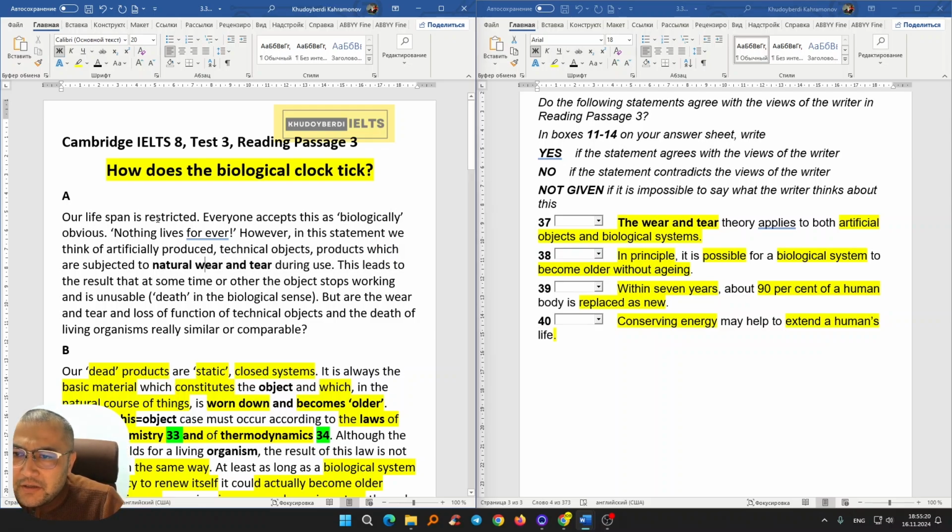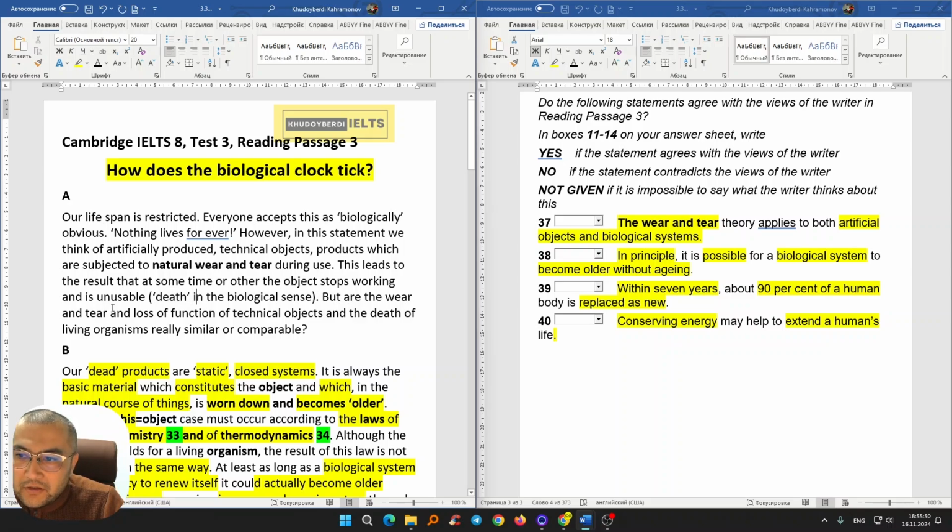So our lifespan is restricted. Everyone accepts this as biologically obvious. Nothing lives forever. However, in this statement, we think of artificially produced technical objects, products which are subjected to natural wear and tear during use. This leads to the result that at some time or other objects stop working and are unusable, which means death in the biological sense.